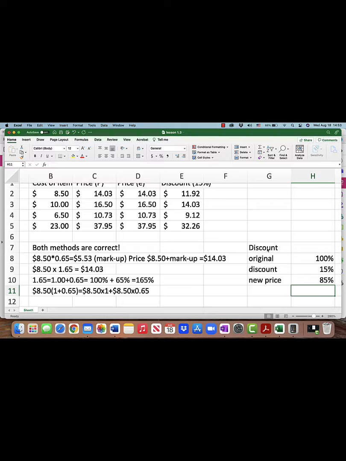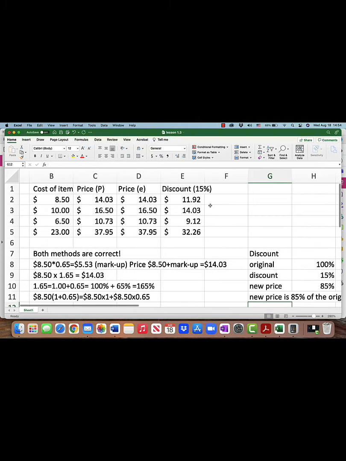So, in other words, if we want to calculate the new price, the new price is 85% of the original price. So if we would like to demonstrate it right here, you see how it was 14.03.